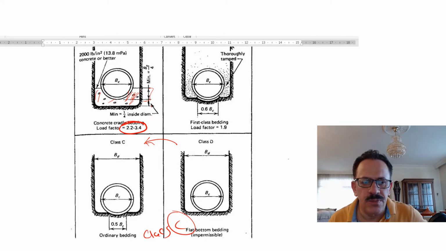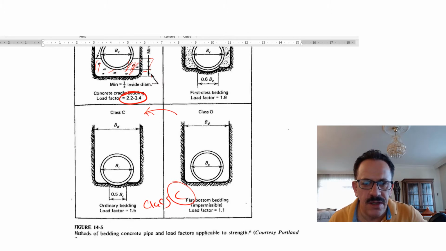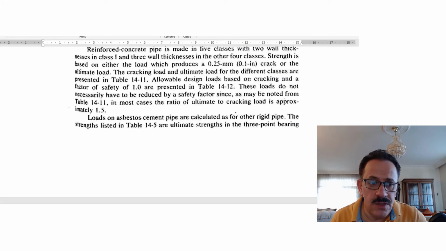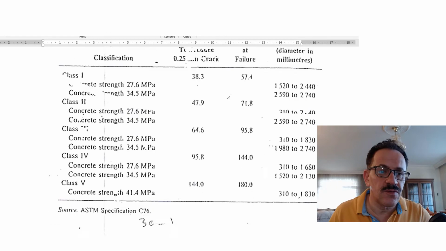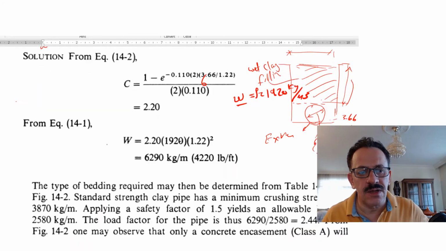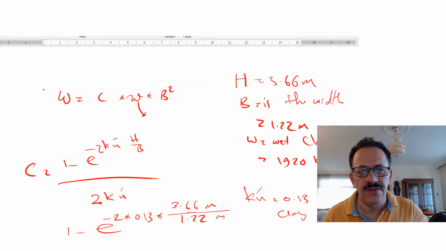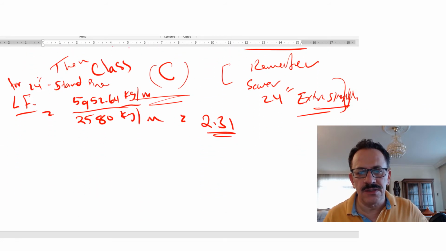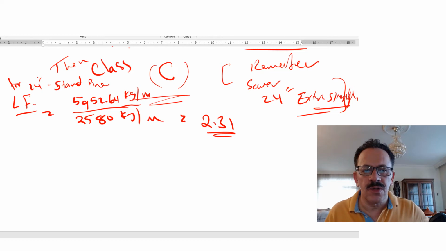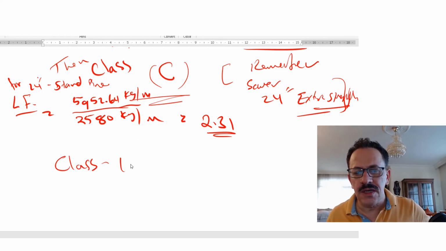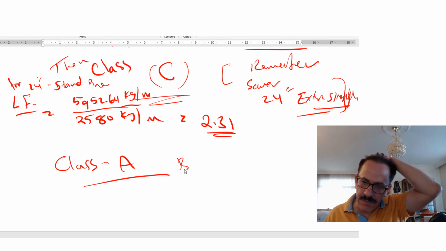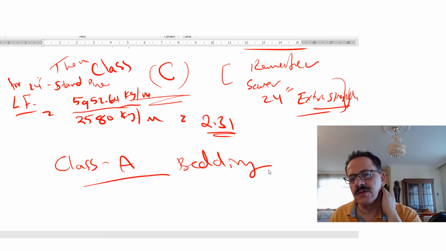So we have to fill concrete on the bottom of the sewer, and that's because the previous 24-inch was extra, the strength was higher, so no need for a very strong bedding. But in the case that we are using the normal one, you have to use the class A bedding.